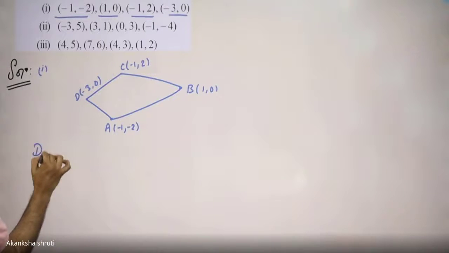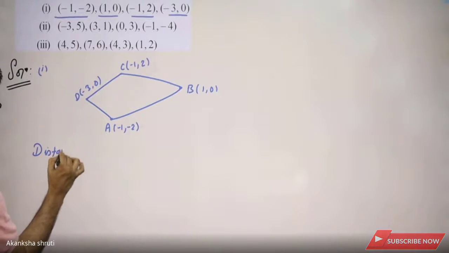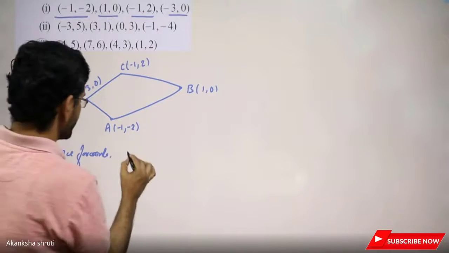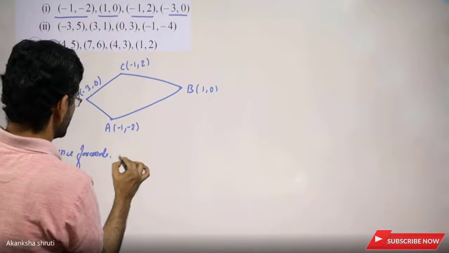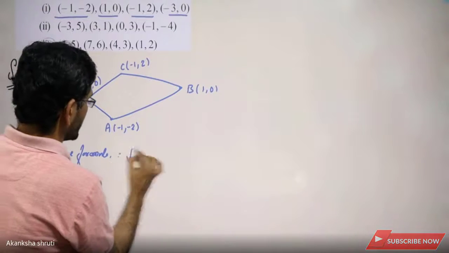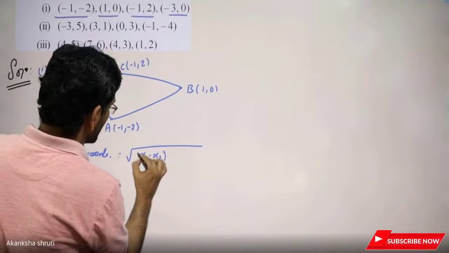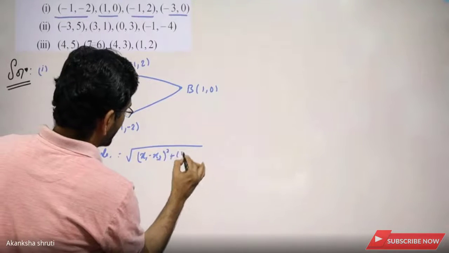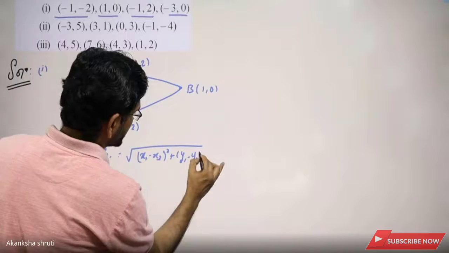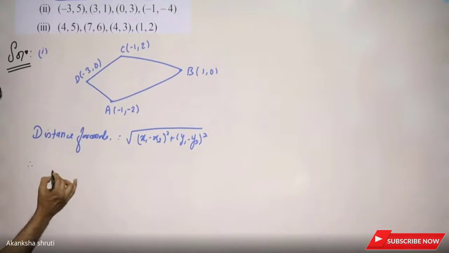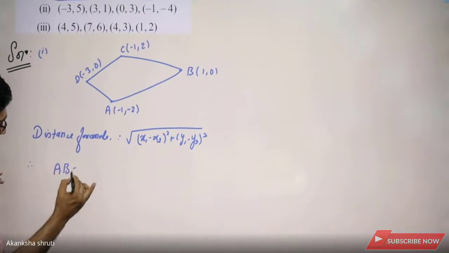So our distance formula, just written once, is equal to the square root of (x1 minus x2) square plus (y1 minus y2) square. Therefore from this we can write AB.